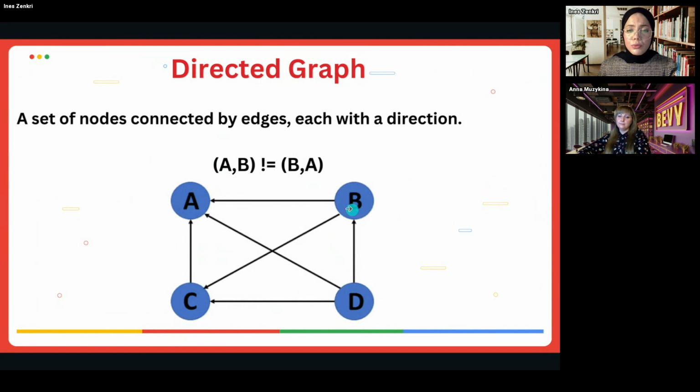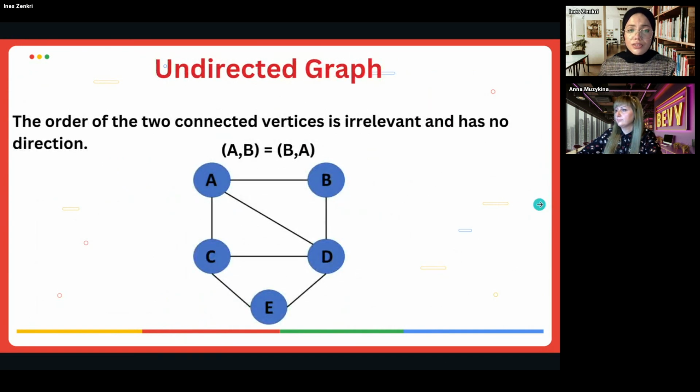So, for example, we see that there is an edge between B and A, but this is written as BA and not AB, so it's not the same. And if you want AB to be the same as BA, then we will call it simply an undirected graph, so the direction doesn't really matter here.